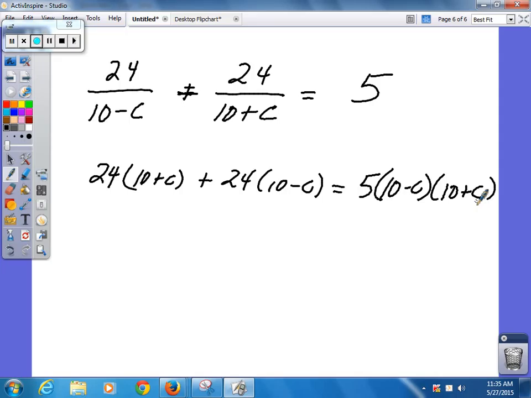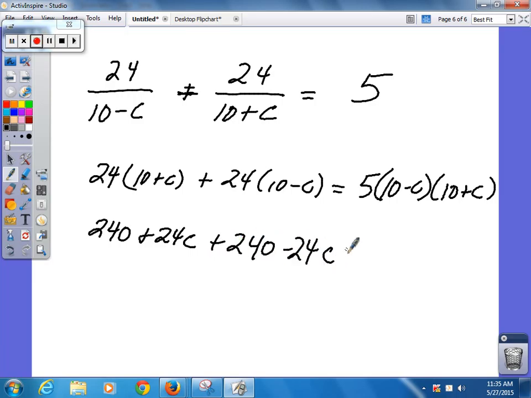So that's going to be 500 minus 5C squared. Y'all check me on that. So 240 plus 24C plus 240 minus 24C is equal to 500 minus 5C squared.